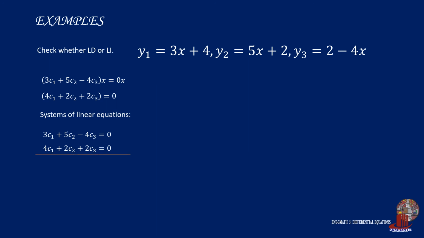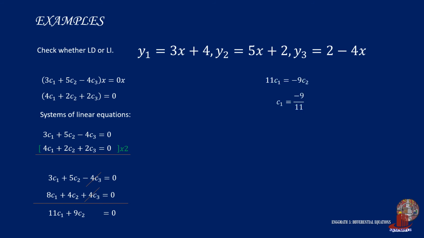And by the method of elimination, multiply the second equation by 2 to eliminate C3, and the resulting equation is 11C1 plus 9C2 is equal to 0. We can arrange this to have C1 as a function of C2. So if we assume C2 as 11, we can then compute for C1 as negative 9.